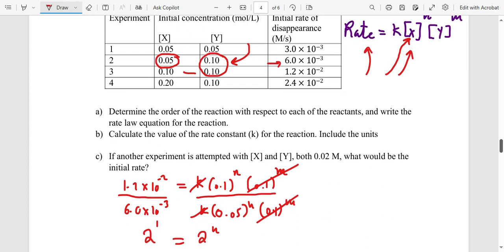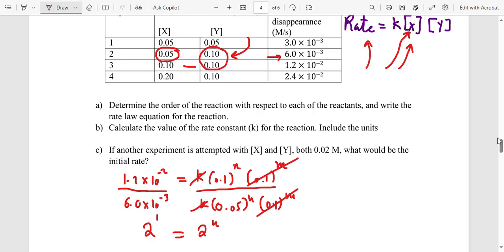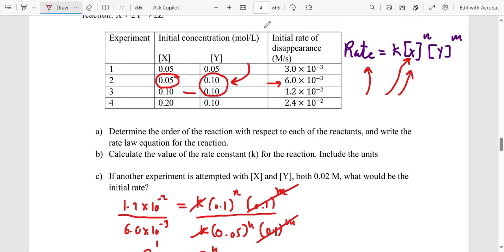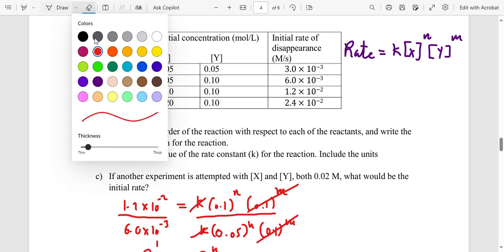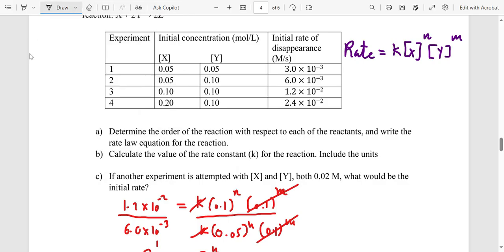And then we now solve for M. Get any two equations, or two experiments, such that X will cancel out so that Y remains. So we'll take the first two because X will be able to cancel.